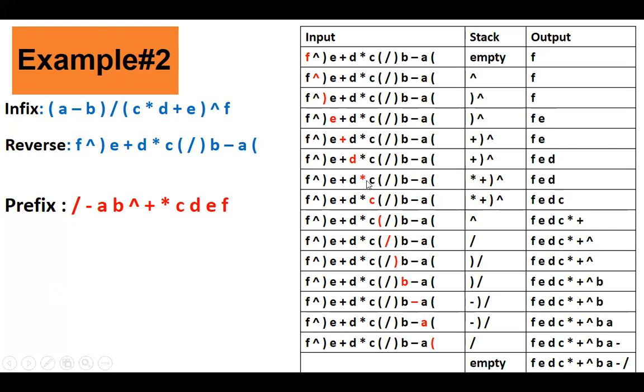So the incoming symbol precedence is greater than the in-stack symbol, so you just push the new incoming symbol onto the stack. Bigger can reside over smaller. So star is pushed onto the stack. Output remains unchanged. Next, what you read is C, which is an operand, so directly add it to the output. There is no change in the stack, right?